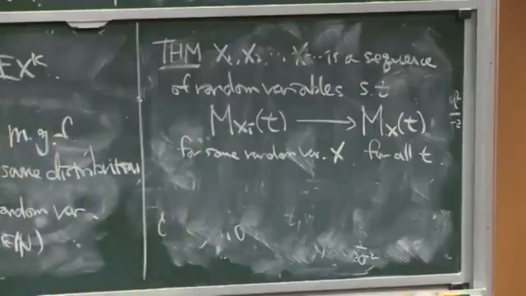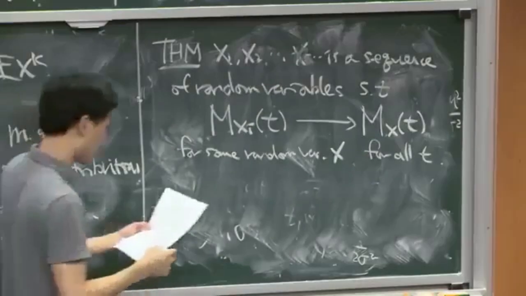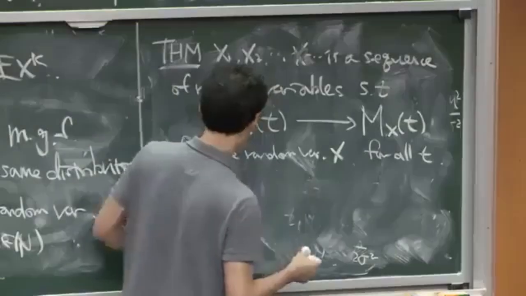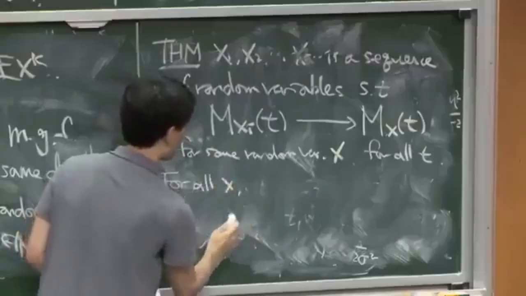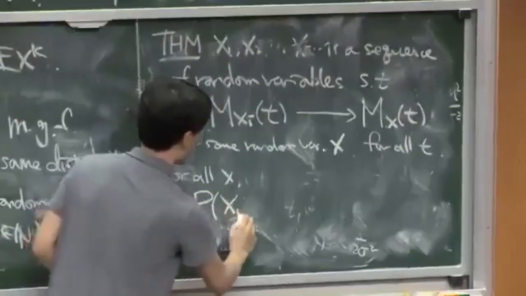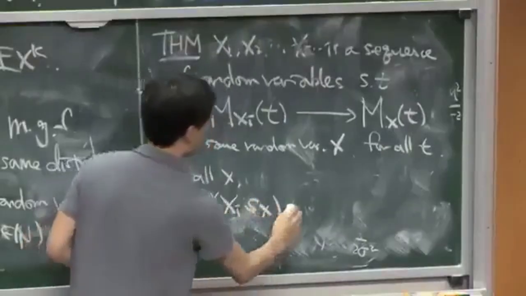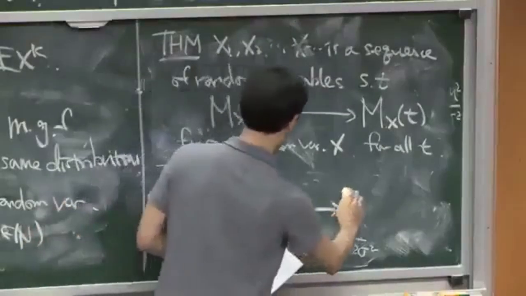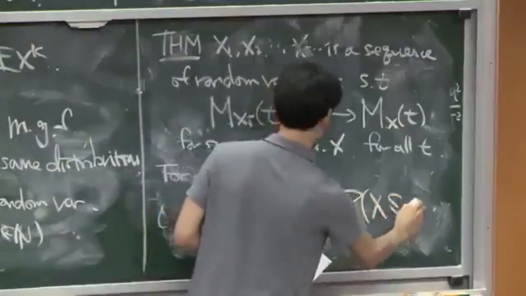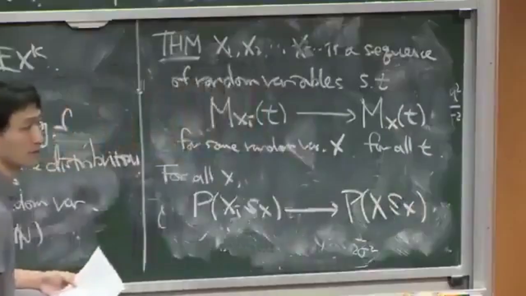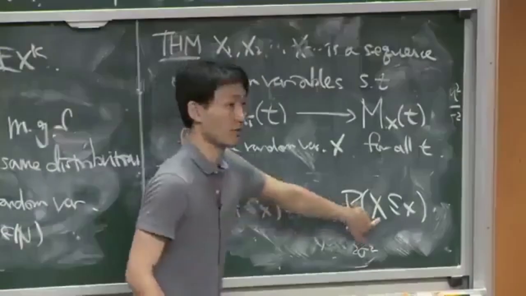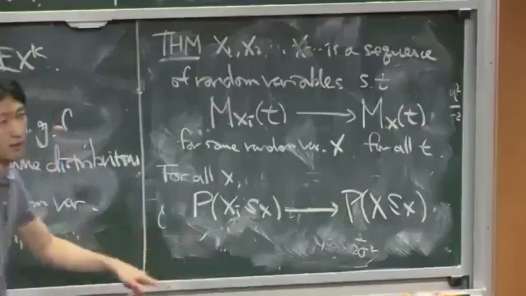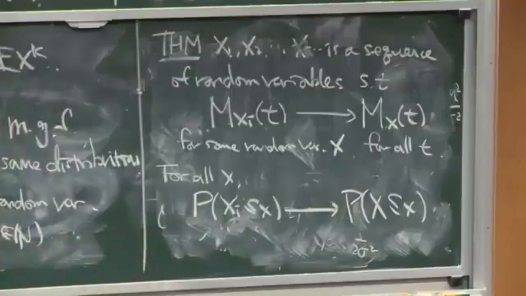And to make that intuition formal, we can write, what we can conclude is, for all x, the probability that X_i is less than or equal to x tends to the probability that X is less than or equal to x. So in this sense, the distributions of these random variables converge to the distribution of that random variable. So it's just a technical issue.